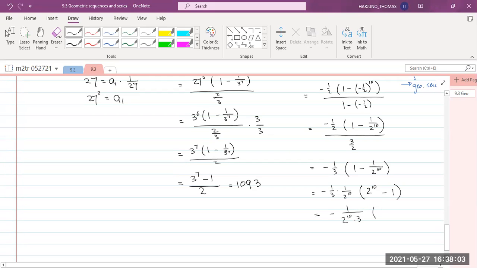Now 2 to the 10th minus 1 is 1023. If I divide that by 3, I will get 341. Negative 341 over 2 to the 10th, which is negative 341 over 1024. Don't make it decimal. If you make it decimal, there's a chance that you do some rounding.